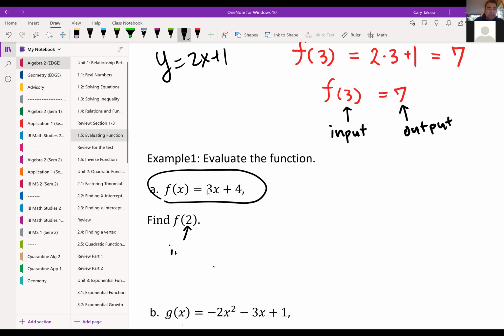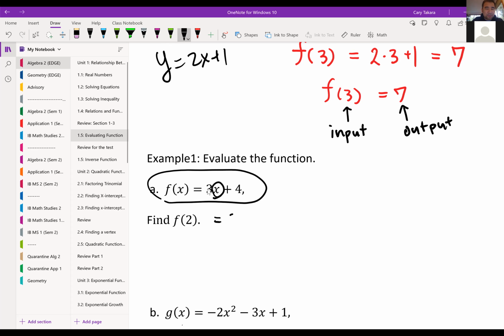Again, the input is 2. Now, what is the output? That's what the question is really asking. So when the input is 2, input is the x value, right? In other words, all the x's will turn into 2.